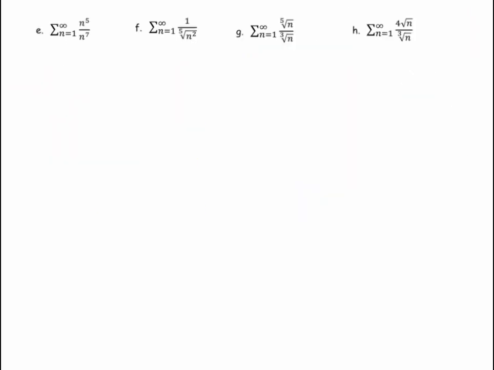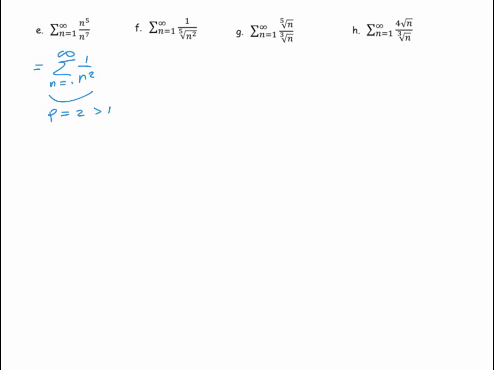Here are a few more examples which tend to confuse some students. So let's just do a few of these examples. The first thing I would notice about E is that you can rewrite it. If you just cancel out some of those n's, you get 1 over n squared, right? And so that's a p series in which p is equal to 2, and that's bigger than 1.